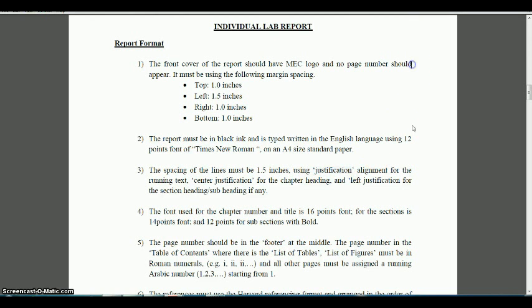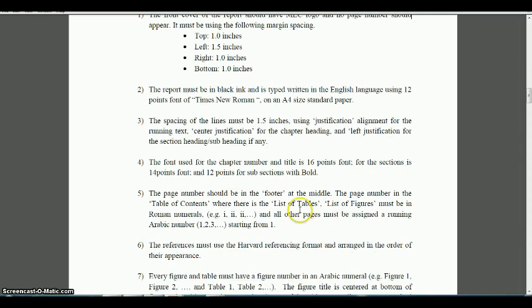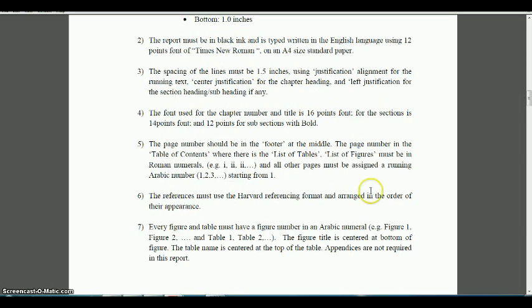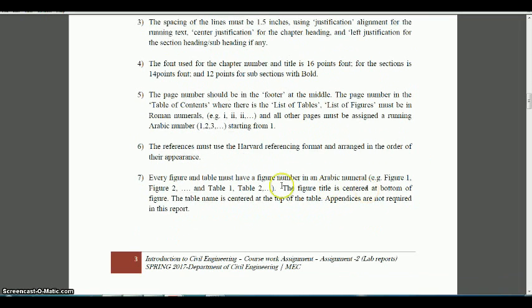Justification means the line. If you see this line, it should be the same line. The page numbers and the footer and the table of contents, list of tables, list of figures, it should be there. And the most important thing is, when you write the figure and table numbers, figure 1, figure 2, details of the figure, table 1, table 2, details of the tables.